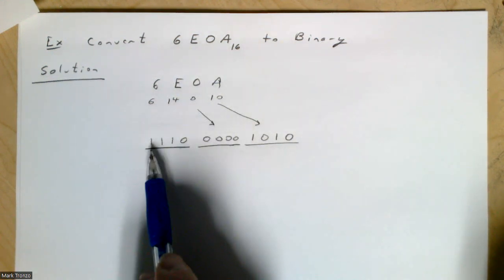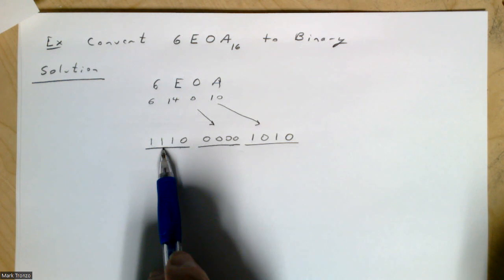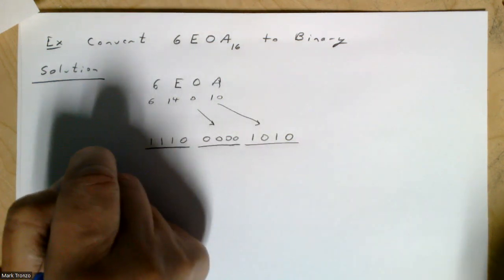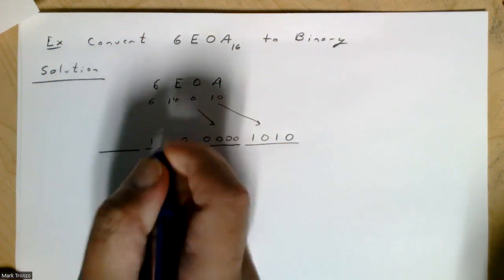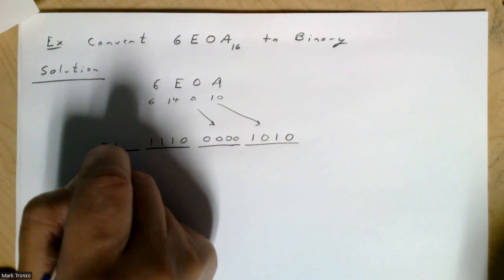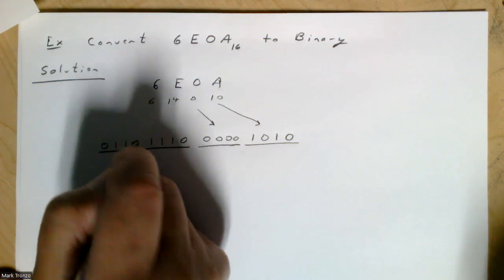Let's just double check. That's 8 plus 4 is 12, plus 2 is 14. Finally, over here, I have a 6. That's going to be a 4 and a 2.